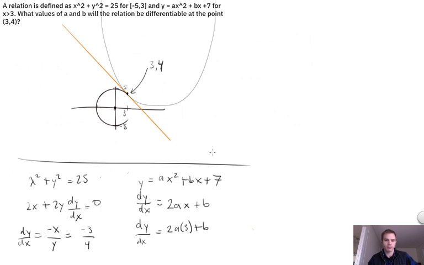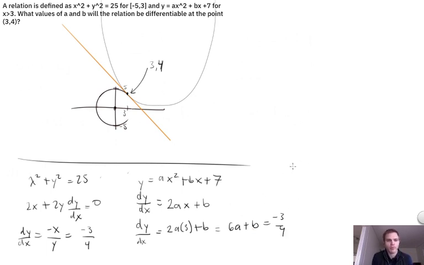Okay. And this is equal to 6a plus b. And we want this to be equal to, hopefully the picture-in-picture is not in the way, negative 3/4. Okay.